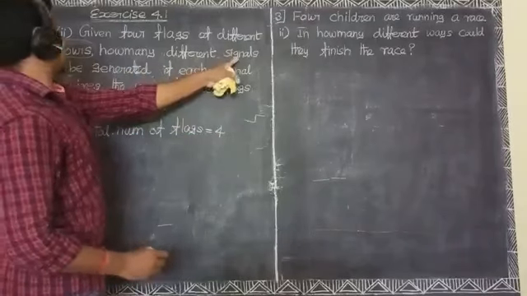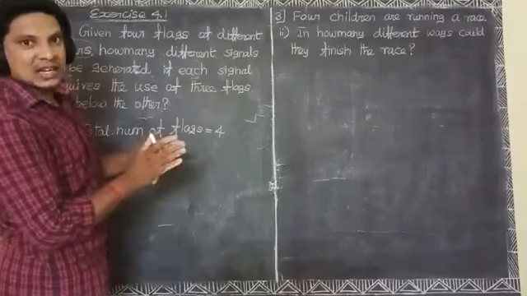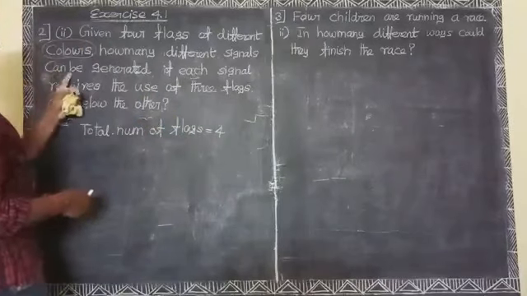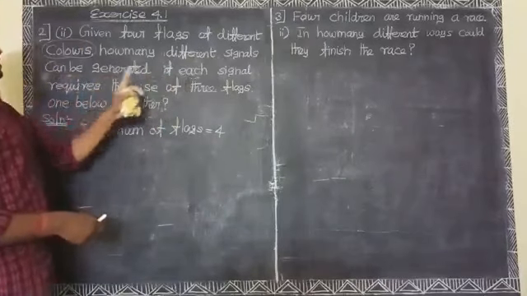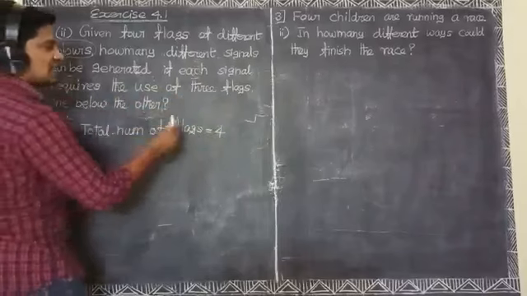How many different signals can be formed if each signal requires the use of 3 flags?